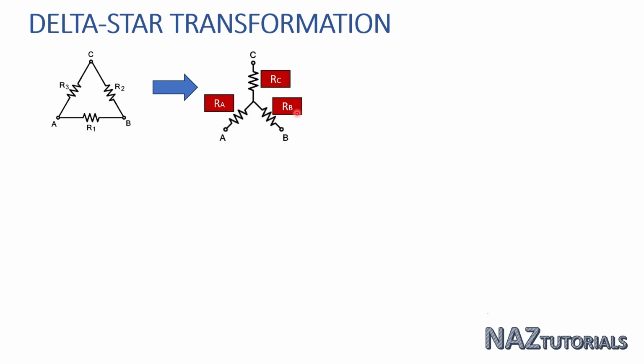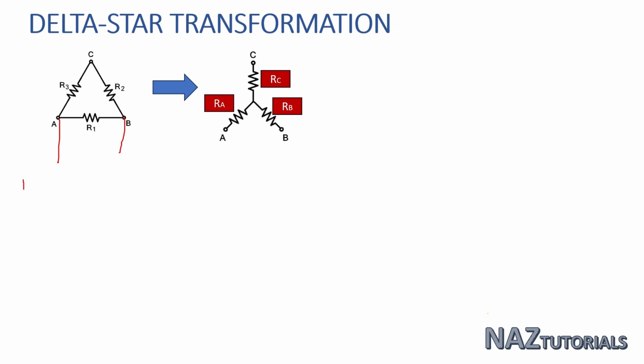So let's derive the resistances RA, RB and RC. If you see the delta structure here, the resistance between points A and B, that is RAB, you can see is R1 in parallel to R2 plus R3.